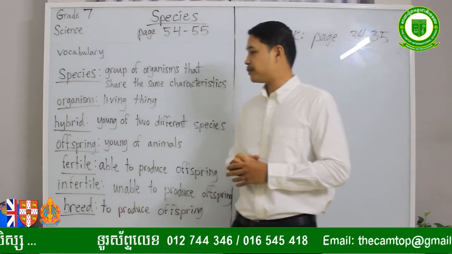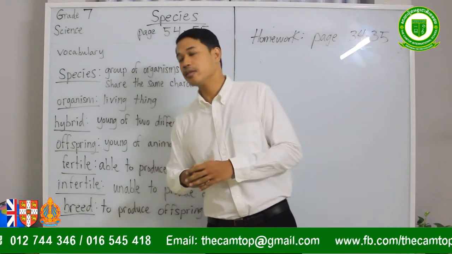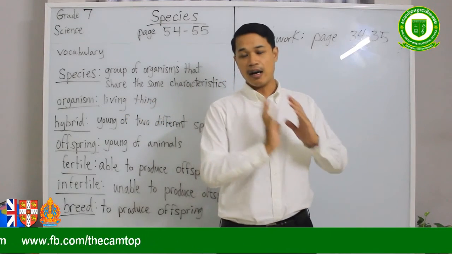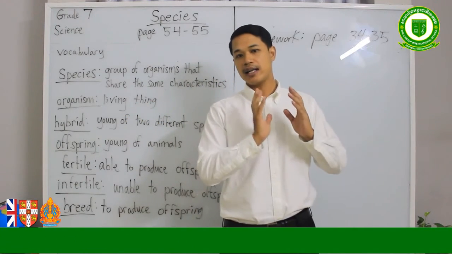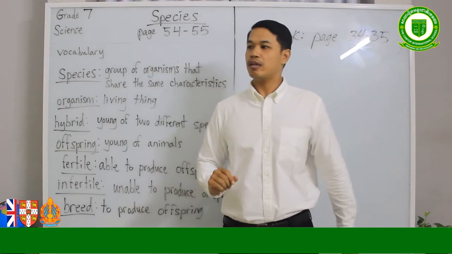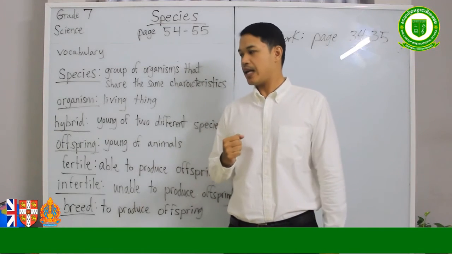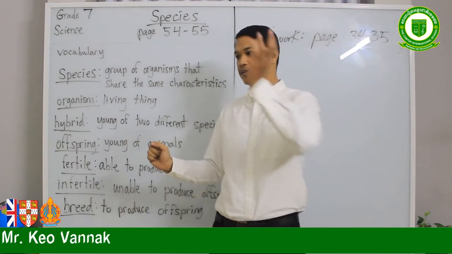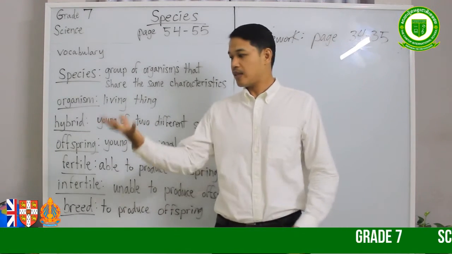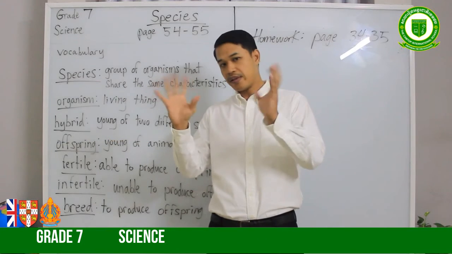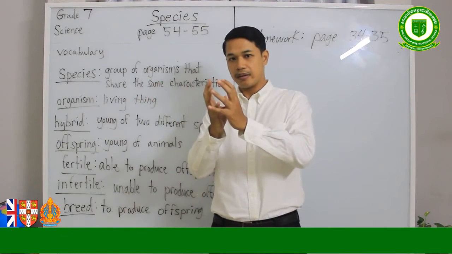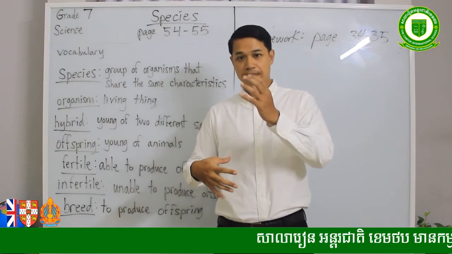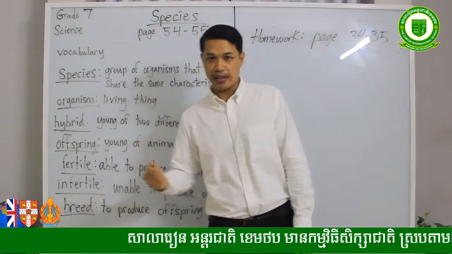And once 2 species make an offspring, we call that offspring a hybrid. I'll give you an example. If you have this type of dog and this type of dog, 2 different dogs, and they breed, their offspring we call a hybrid.